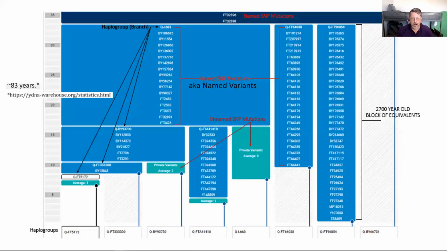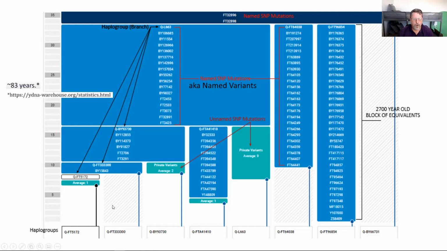All right, so let's talk about the mechanics of the Big Y tree. This is basically a genealogy, if you will, a genetic genealogy of SNP mutations. Each one of these is a SNP mutation. This is why, instead of genetic distance, we know that the average time between SNP mutations is about 83 years.